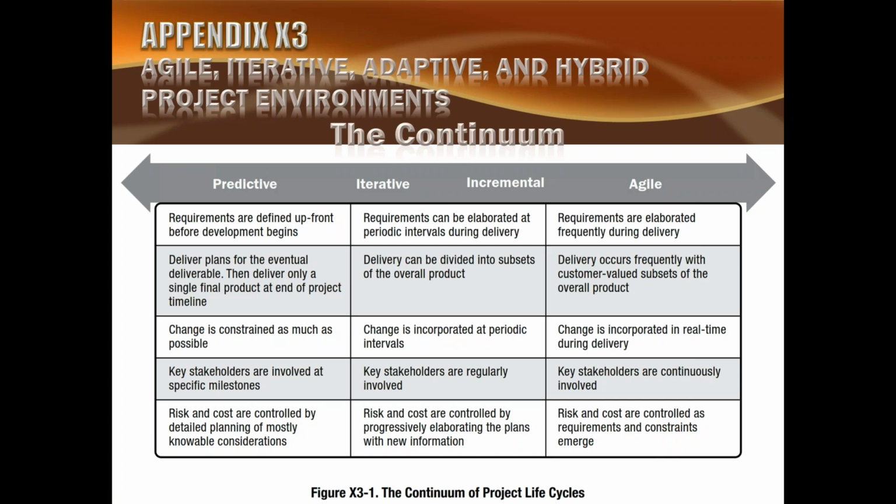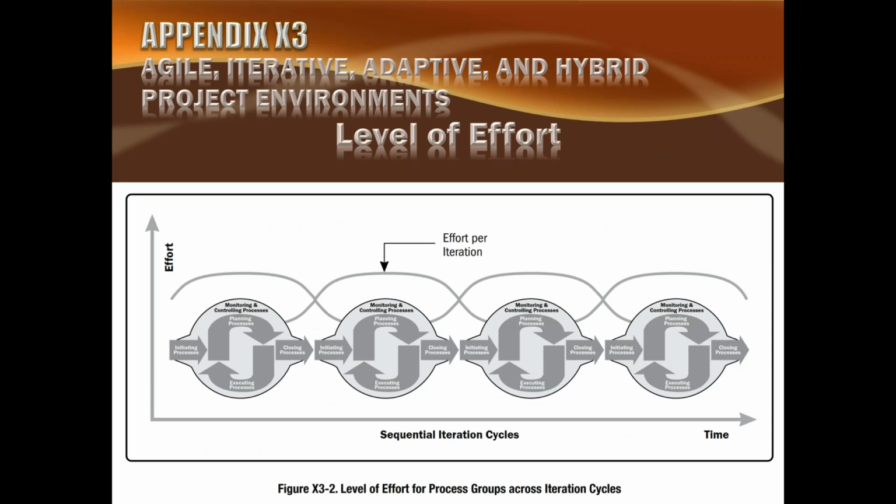We do not calculate anything for the next future iteration. We only work in a small iteration, and the work is simpler, and we are better prepared for that. So risk and cost are controlled as requirements and constraints emerge. As and when they emerge, we control them. So we plan for only small iterations, and we effectively yield the results.